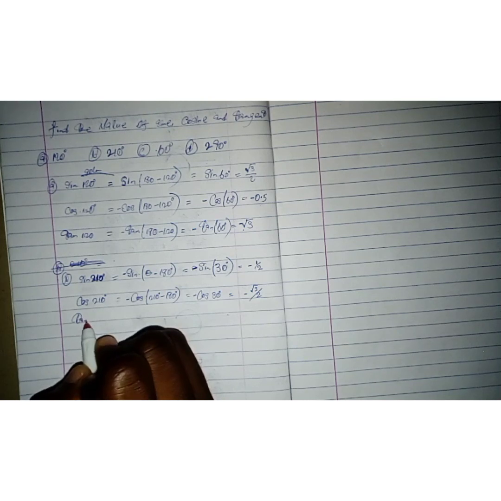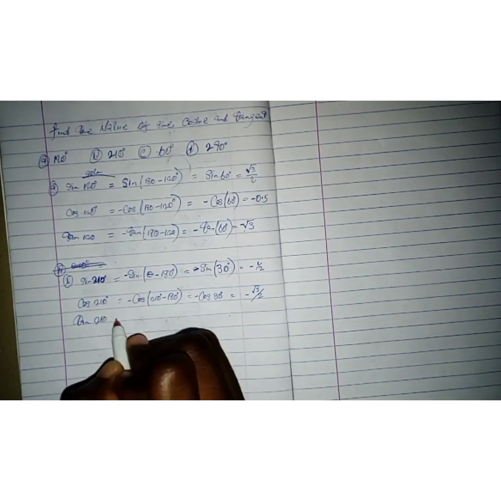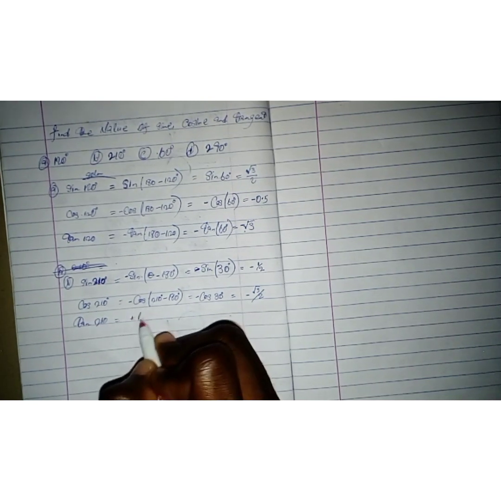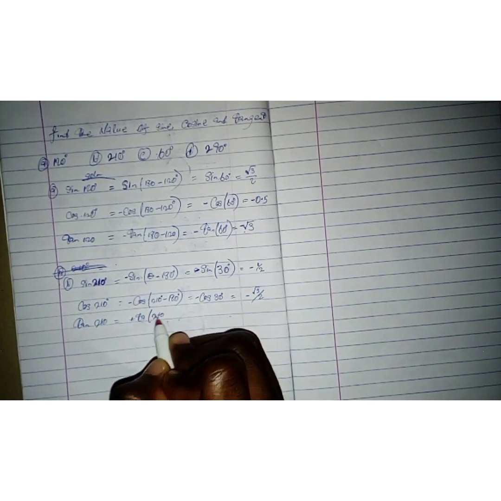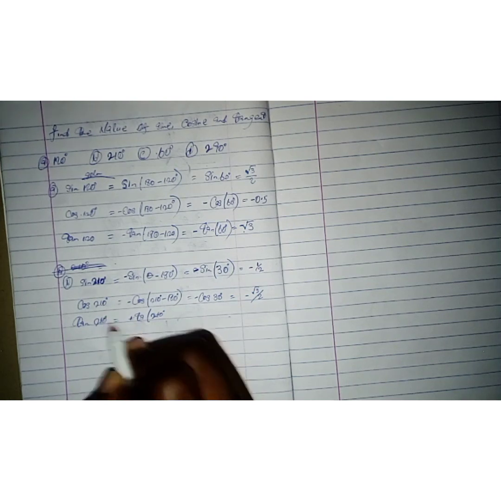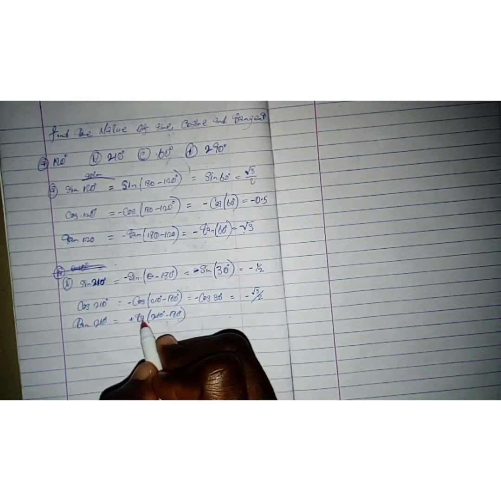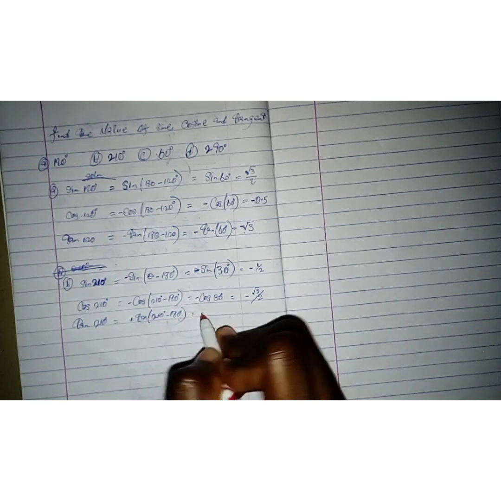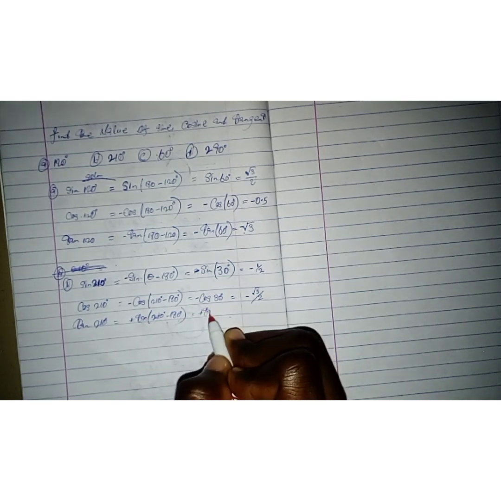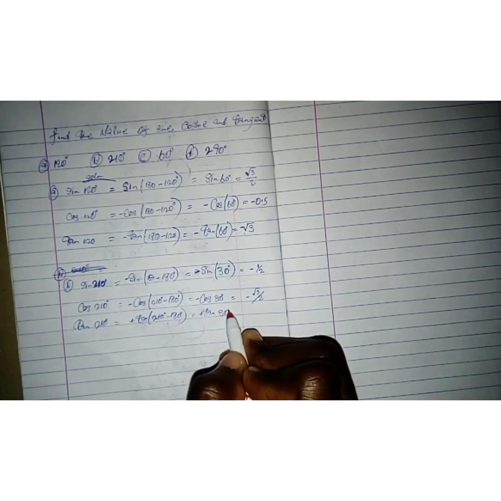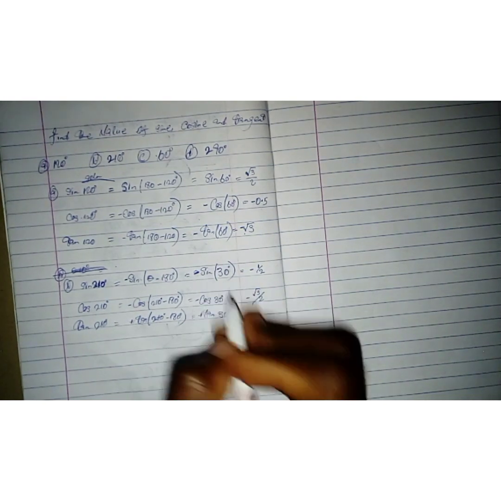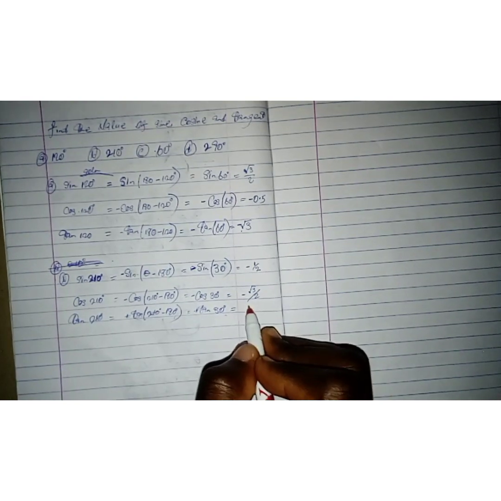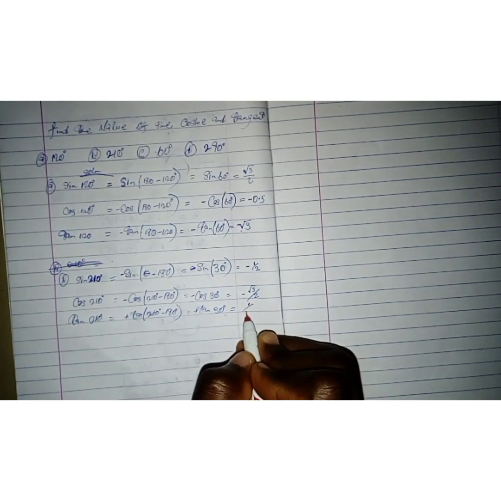And for tan 210, this will give you positive tan of 210 degrees minus 180 degrees, which would be positive tan 30 degrees, which is 1 over root 3.